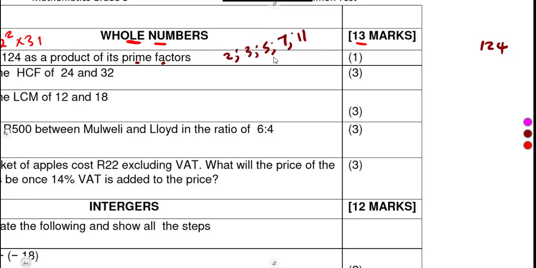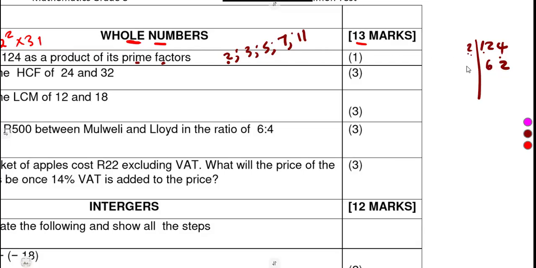These are the prime numbers, divisible by exactly 1 and itself. 1 is not there. So meaning to say we can start with 2. All right, let's divide by what? By 2. 124 divided by 2, you can even use your calculator, or you can divide directly. 12 divided by 2, that's 6. 4 divided by 2, that's a 2 there, right?